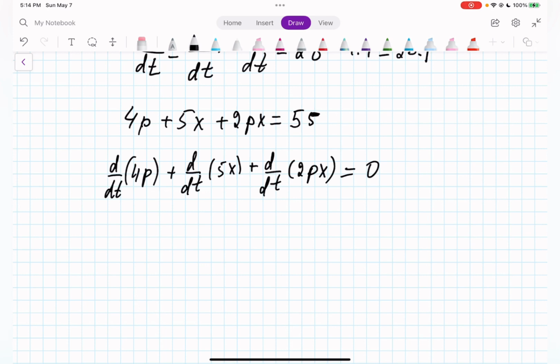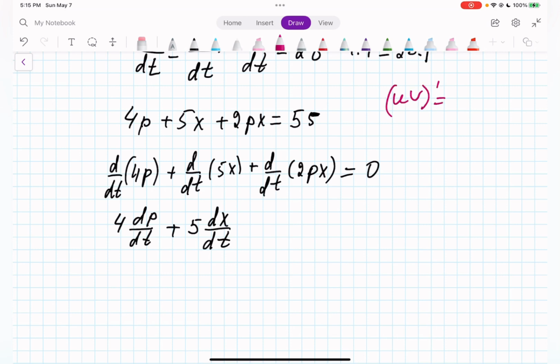Let's see. The derivative of 4p is going to be 4 dp by dt. The derivative of 5x is plus 5 dx by dt. And for the derivative of 2px, this is a product, p times x, so we use the product rule, u'v + v'u, as I showed before.